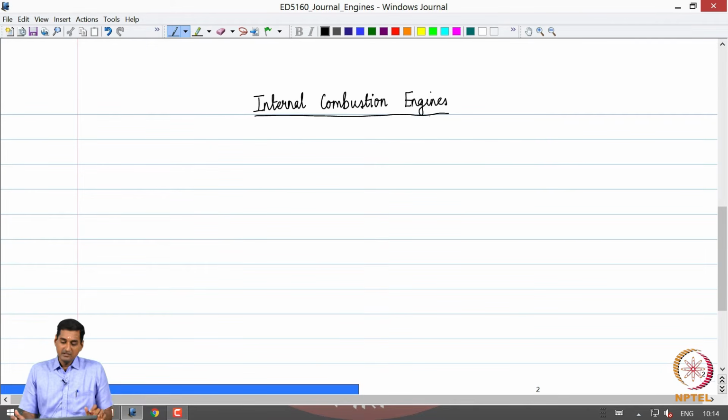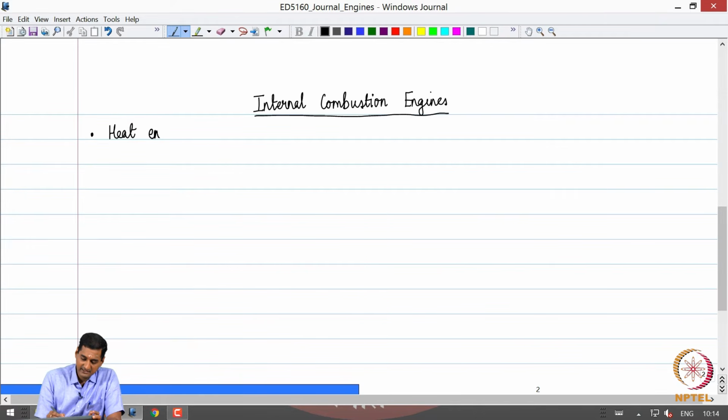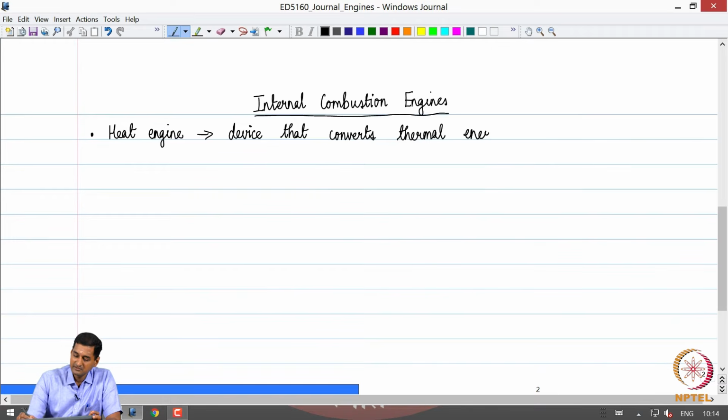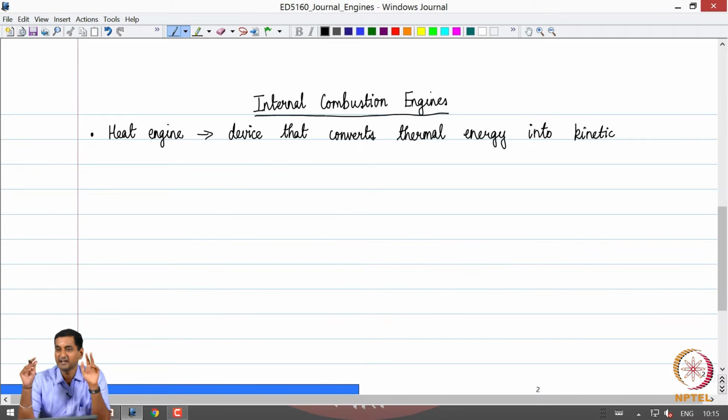Okay. So, an internal combustion engine in general is a heat engine. So, what is a heat engine? A heat engine is a device that converts, right, thermal energy into, let us say by and large, kinetic energy, so that we can get what is called mechanical work, right.